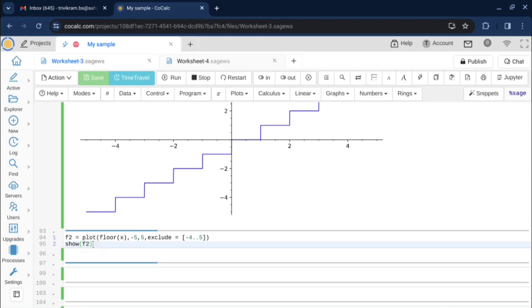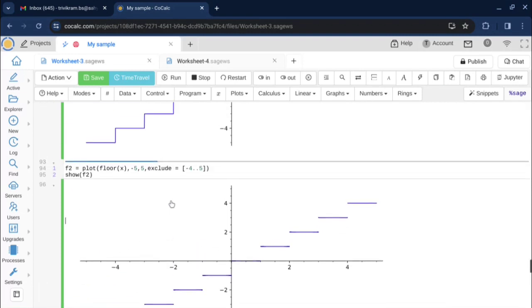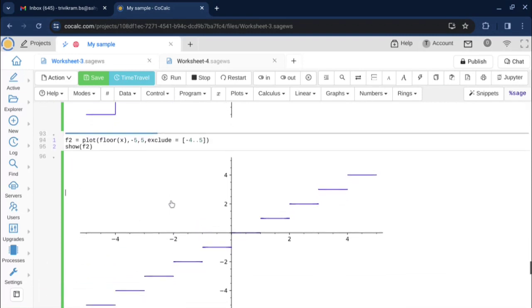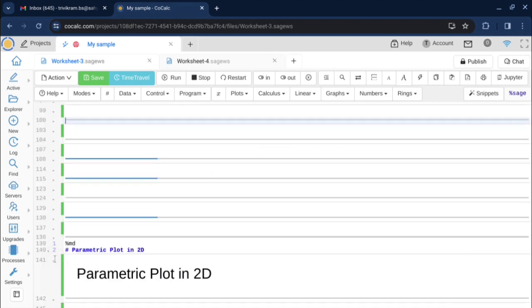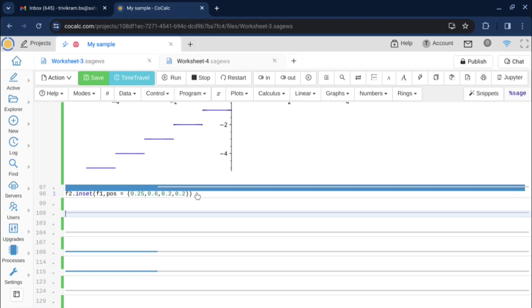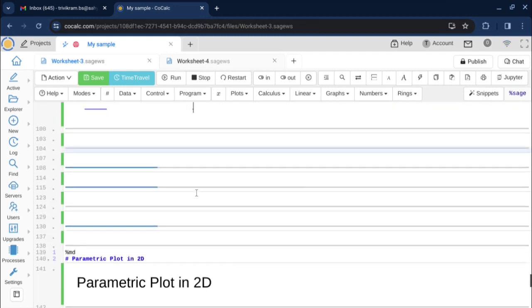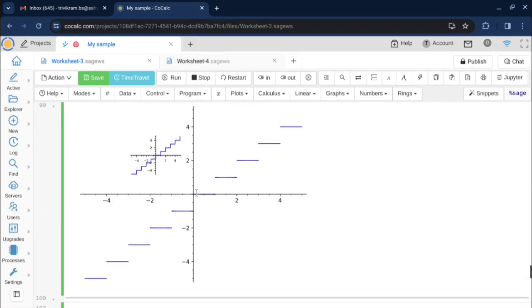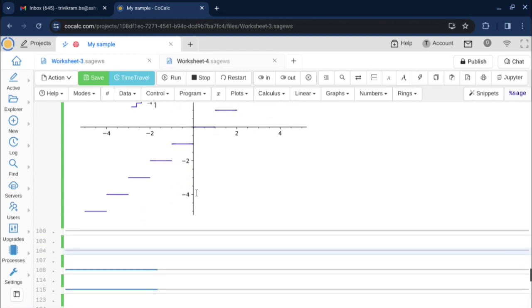Just let us see how the graph will be. So -4 to 5 have excluded the graph. So it will look like this. Now let us run this. I am going to insert one graph into another graph. So I have inserted previous graph into this graph.